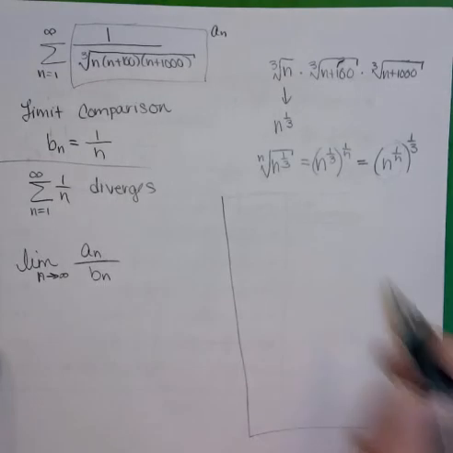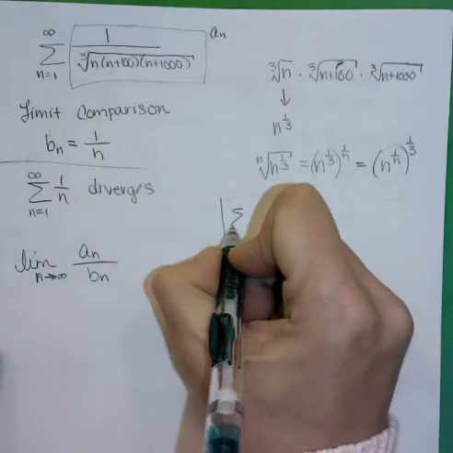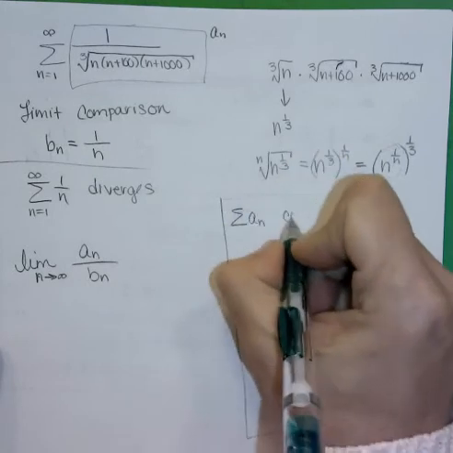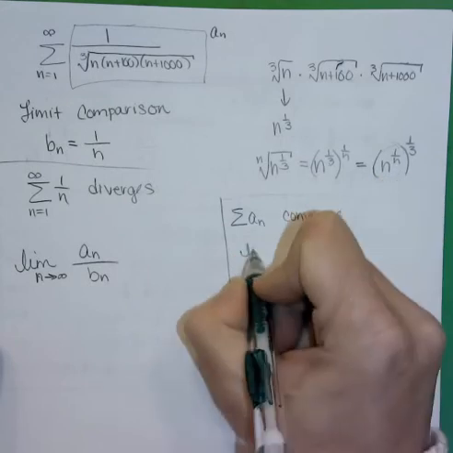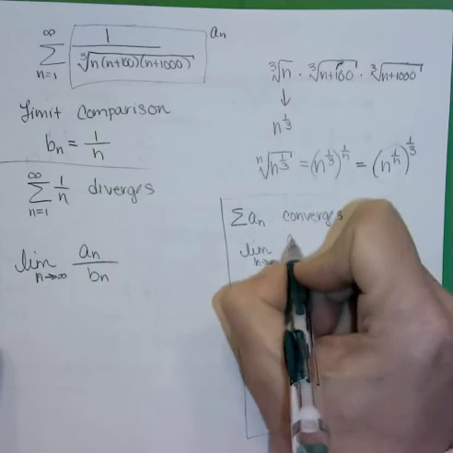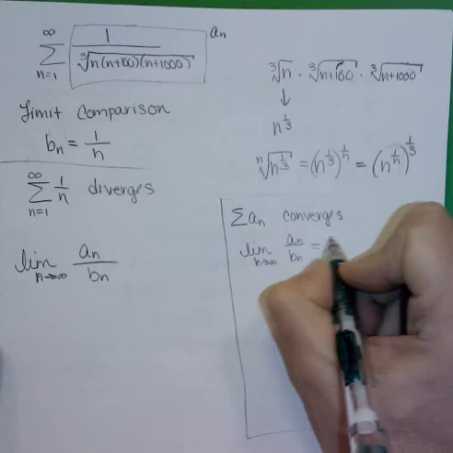So just a little refresher on limit comparison. Say we knew a sub n converges, and the limit as n goes to infinity of a sub n over b sub n is 5.